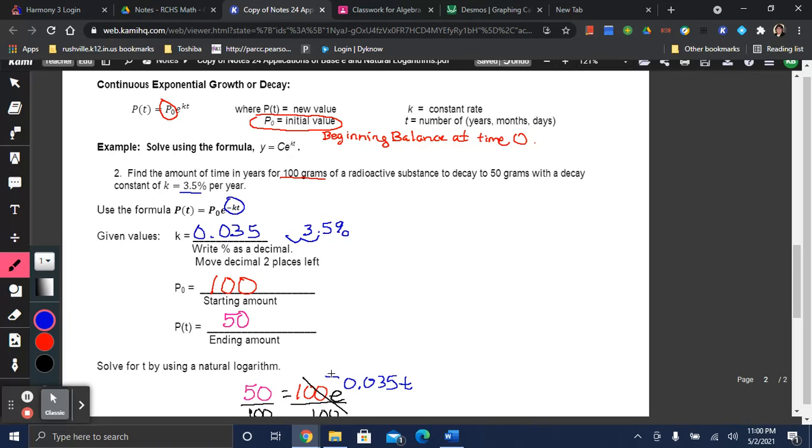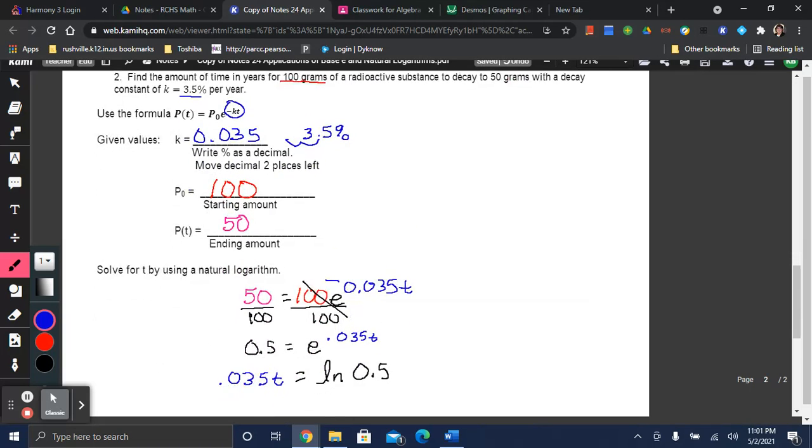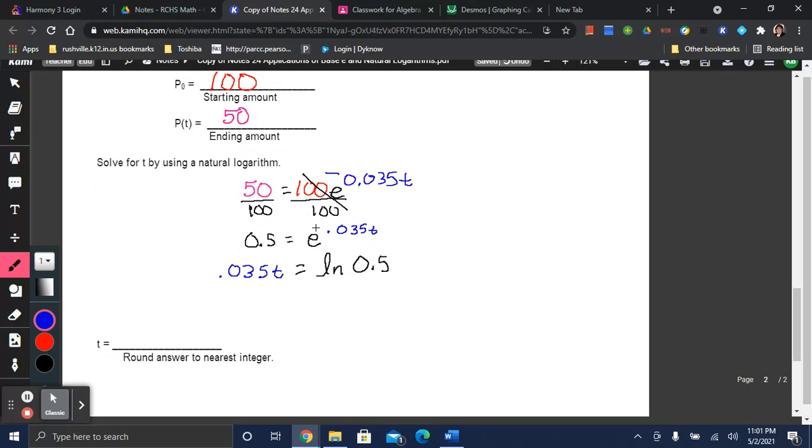This is a negative sign, and I'll need to carry that through on my example. So I have that negative sign. This is a negative sign. So that when I divide, which is going to be my next step, I'm going to divide both sides by negative 0.035. I'll end up with a positive answer, which needs to happen.